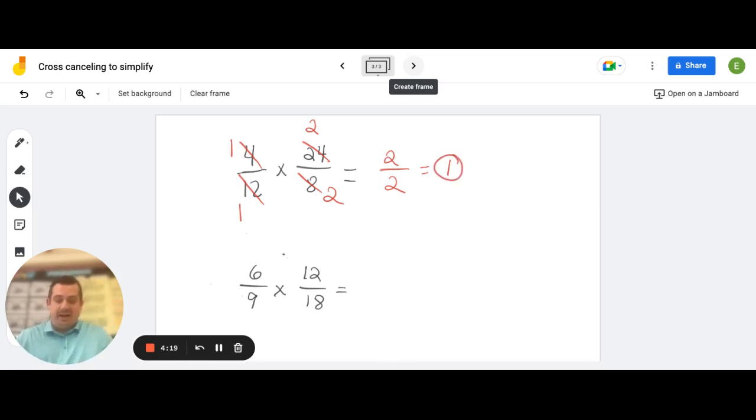You did not have to multiply the large numbers. If you did 4 times 24, that's going to give you 96, and 12 times 8 is 96. But if we do that, there's a greater chance of making an error and not getting the answer of 1.